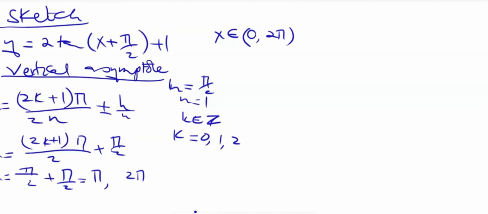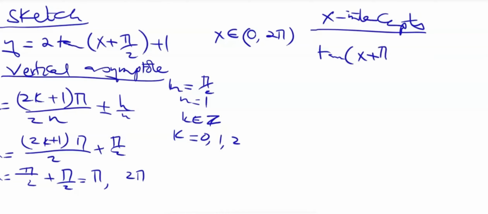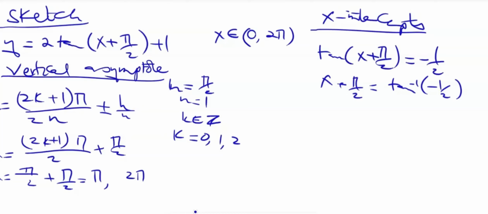The next thing we need to do is to get the x-intercept. We get that when y equals 0. So if I set that to zero, that gives me tan(x plus pi over 2) equals negative a half, and x must be negative pi over 2 plus tan inverse negative a half.